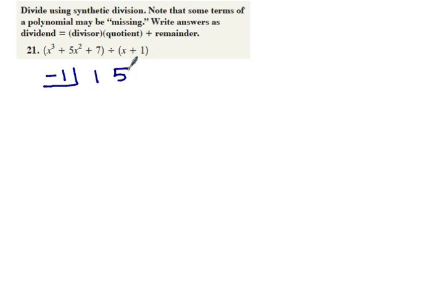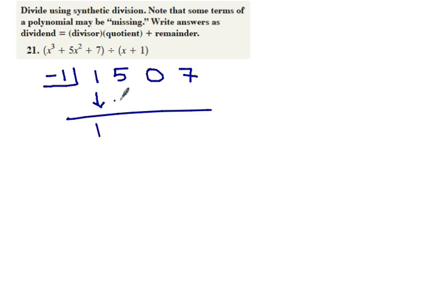How many x's do I have? 0. I have 1x cubed, I have 5x squared, and Henry, I have 0 x's. So we got to make sure we put 0 in for the x value. Okay, so similar to what you were just asking, Ben, we got to make sure we keep that placeholder. Okay? And then 7.